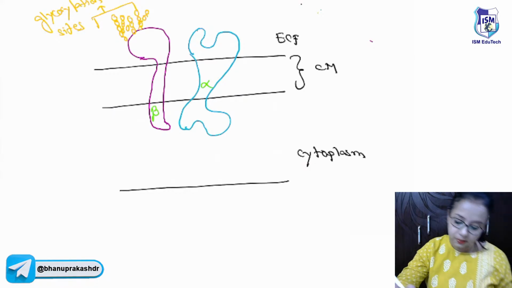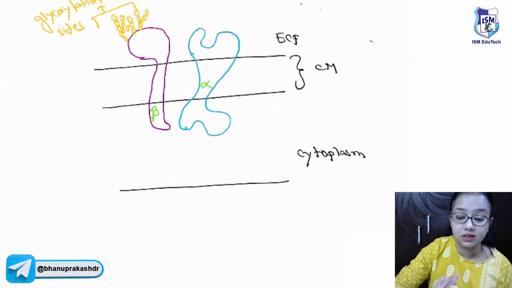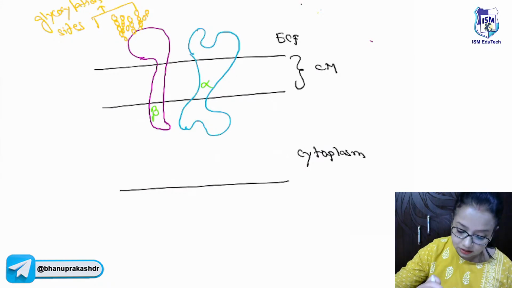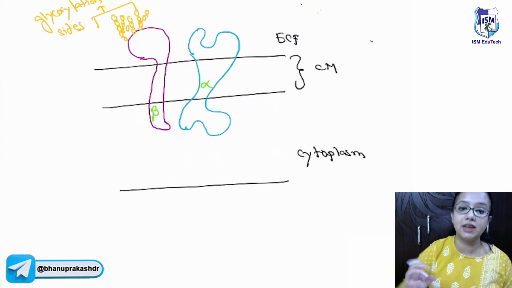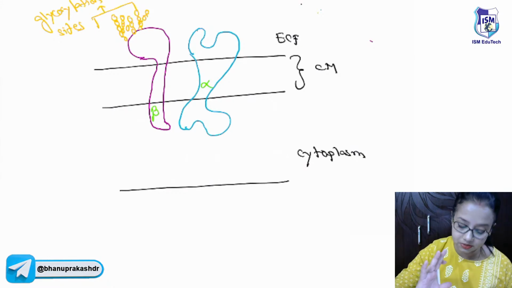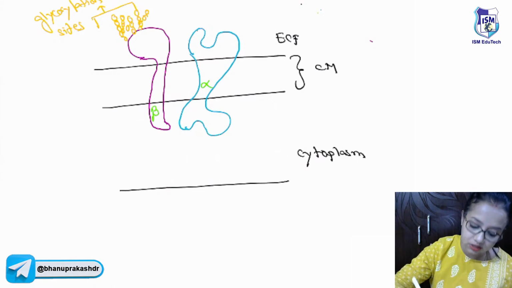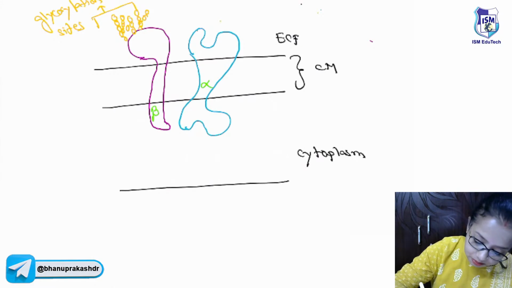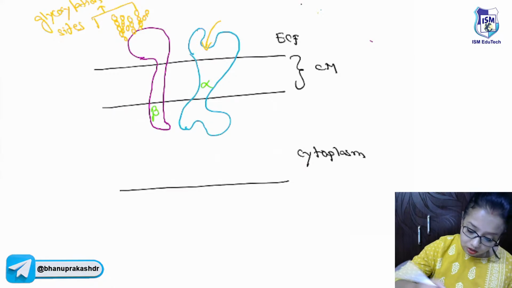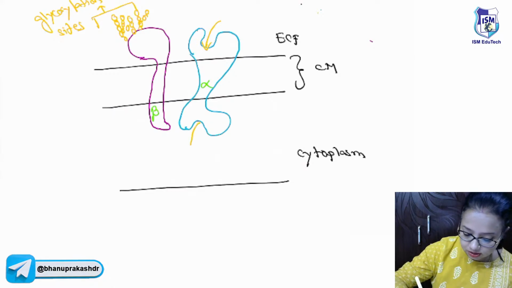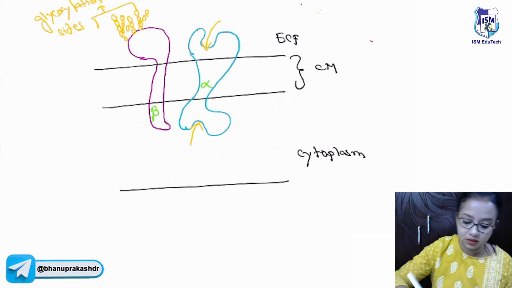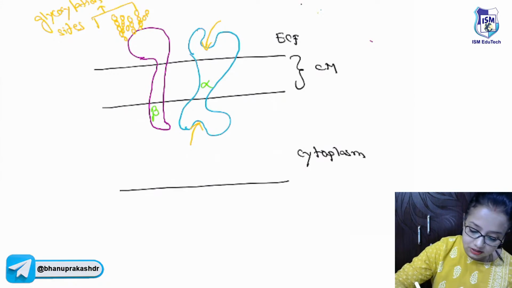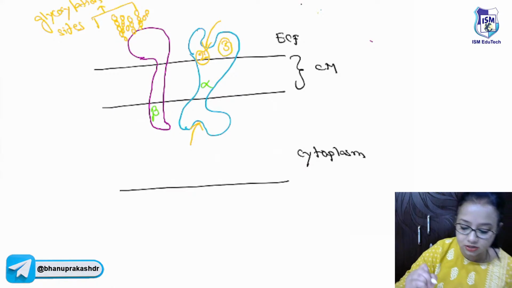Now this alpha subunit has further areas which are specific for binding of substances. Here there is a binding site. We'll discuss what binds there, and here also there is a binding site. This is called site 2, and here there is site 3.